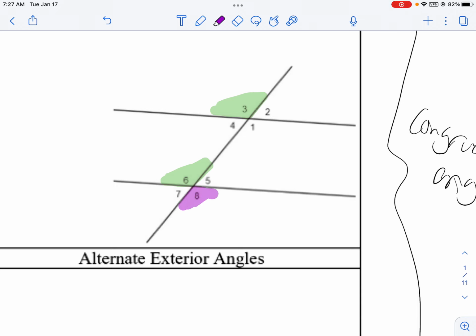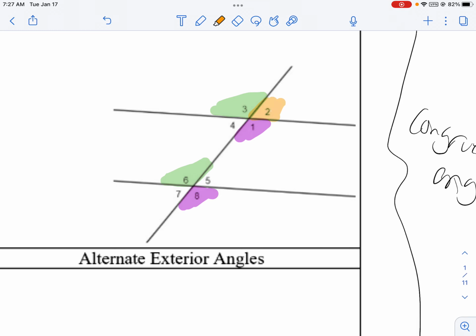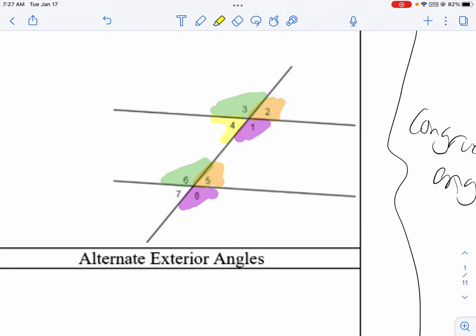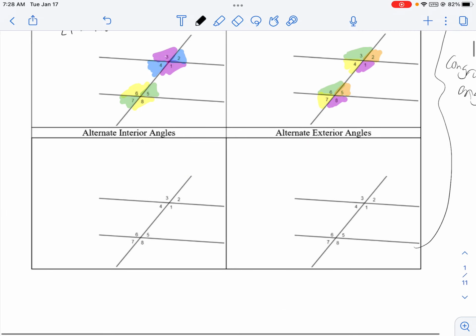Angle 8 and angle 1 are congruent because they are both bottom right. Angle 2 corresponds to angle 5, and angle 4 corresponds to angle 7. Those are your corresponding angles.